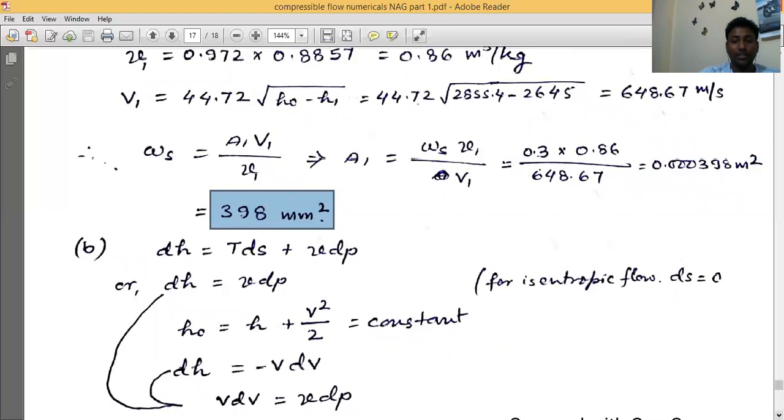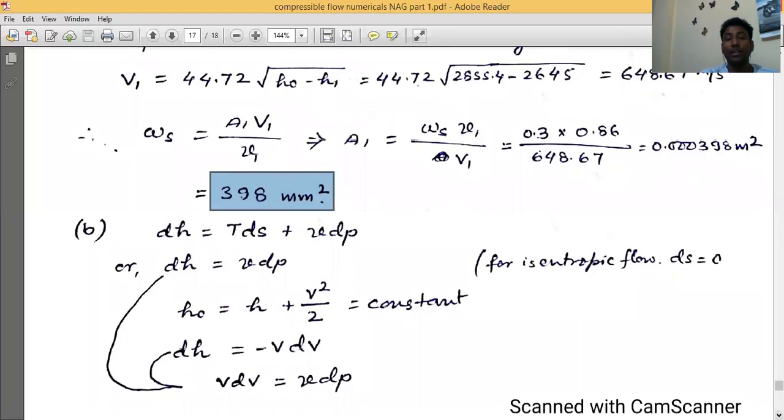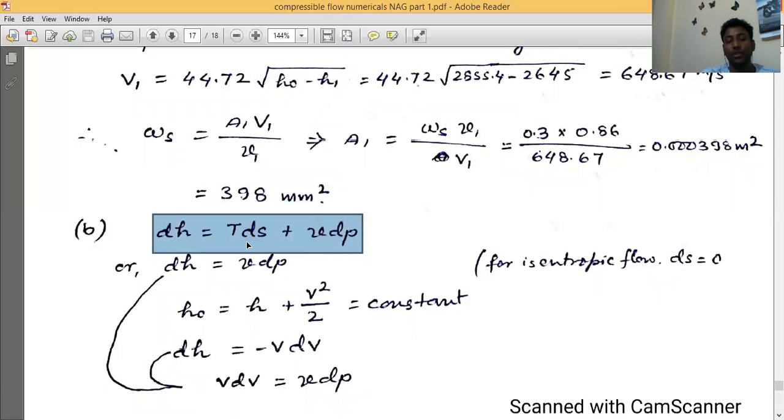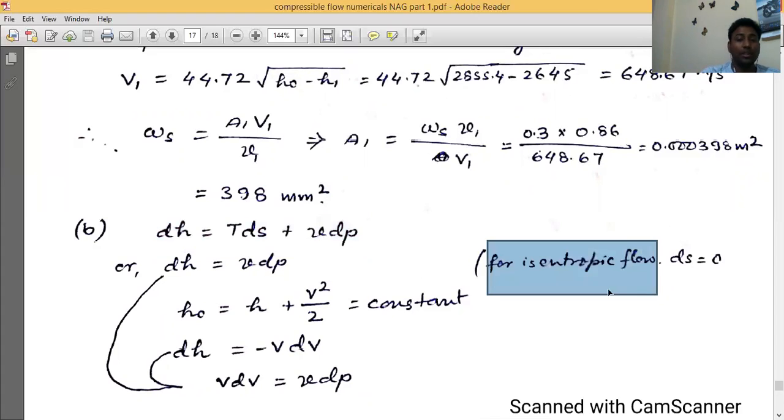In that case, let us derive the expression for the exit velocity. First, the property relation: dh is equal to T ds plus v dp. If it is an isentropic flow, ds will remain the same, so dh will become v dp.